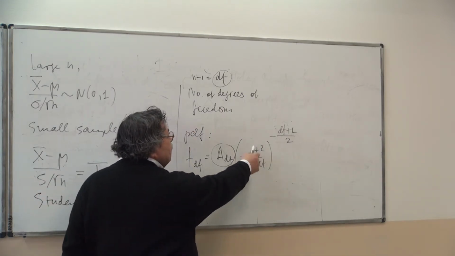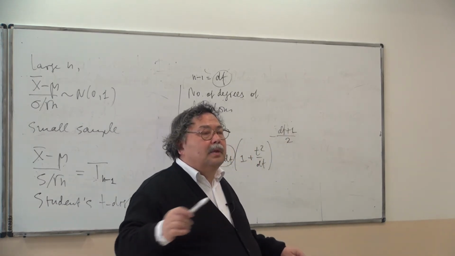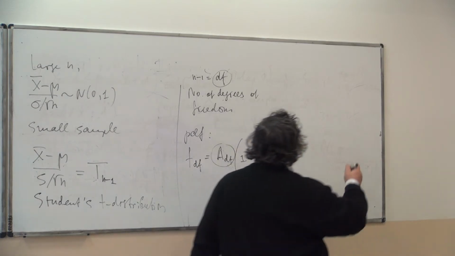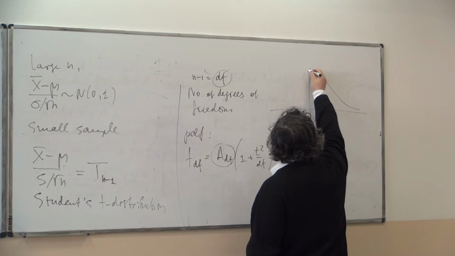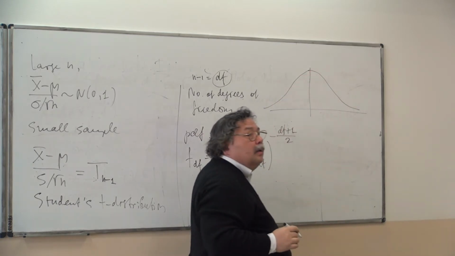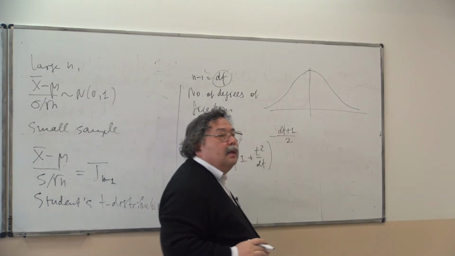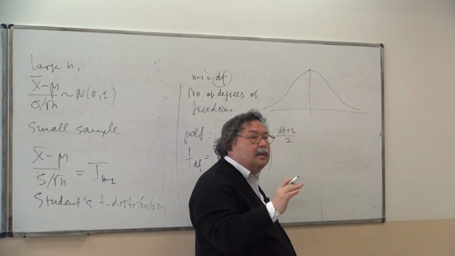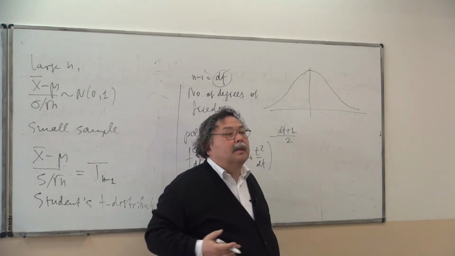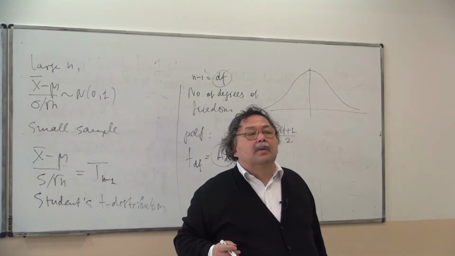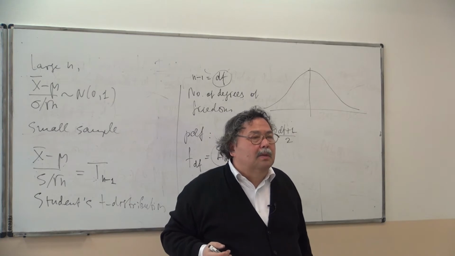And also because t here appears as a square, the function is symmetric. So even by just looking at this function, we can expect that it will have this kind of shape. And it must be familiar. It's a bell-like shape.